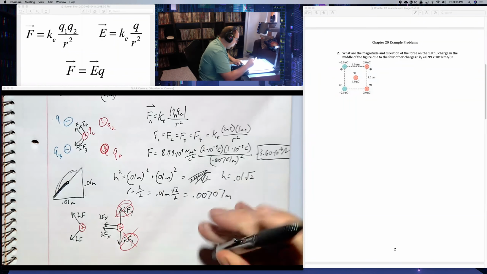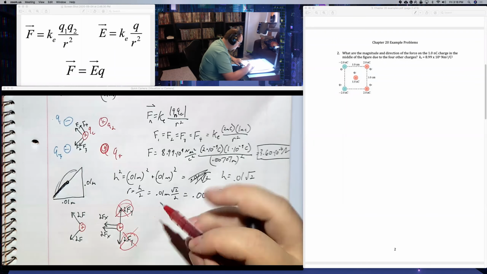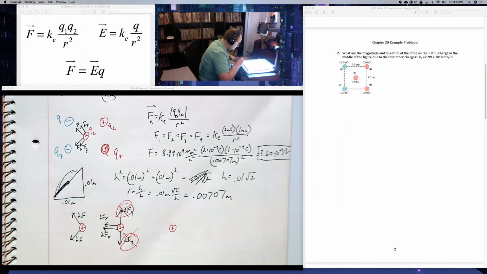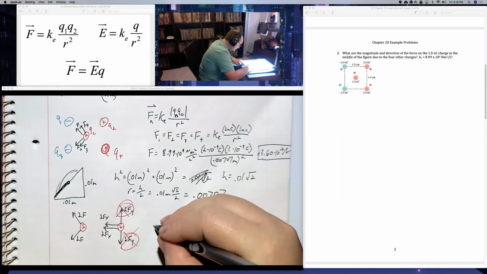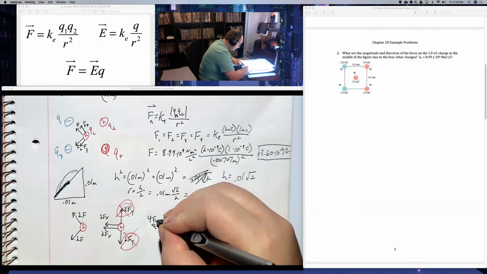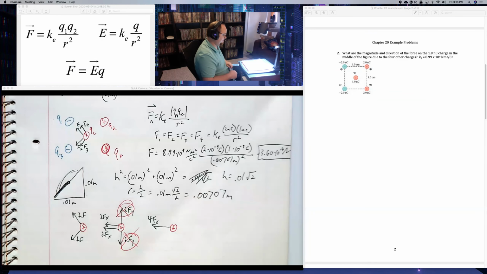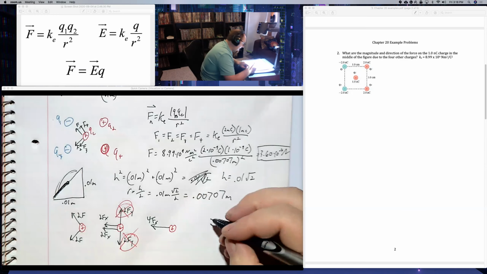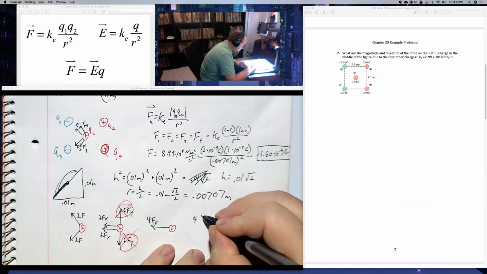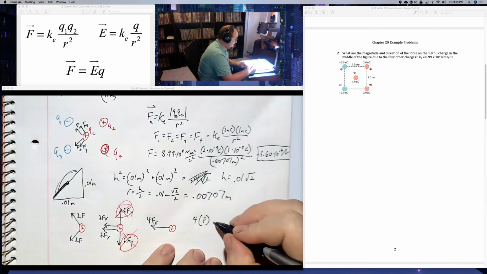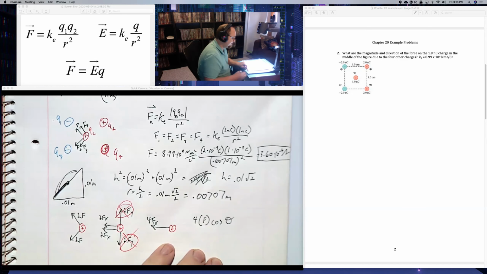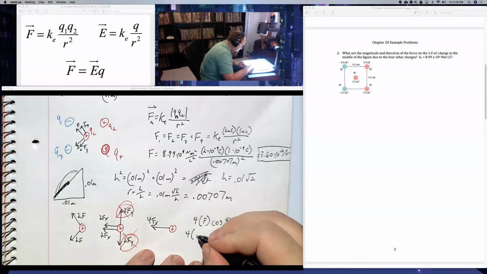And so the net force on this thing is just going to be full Fx. And so that means it's going to be full times whatever that force was, and its x component, the cosine of theta, which, as you just pointed out, is 45 degrees.